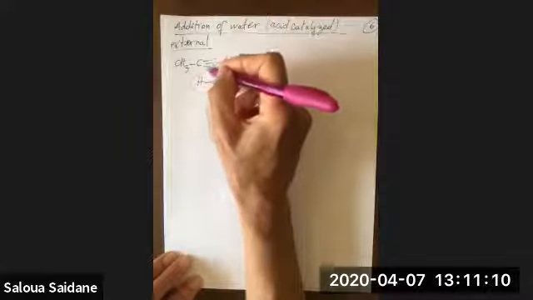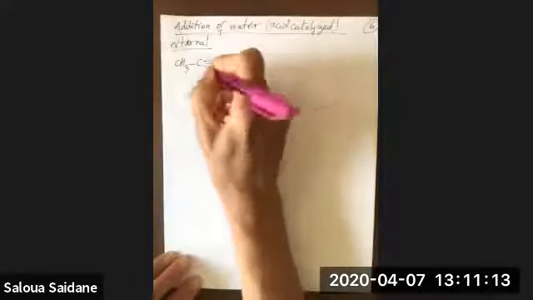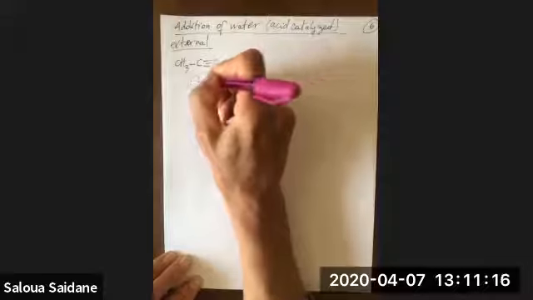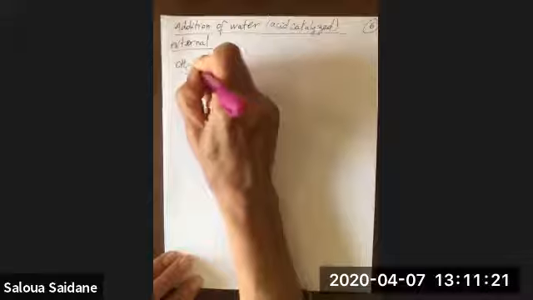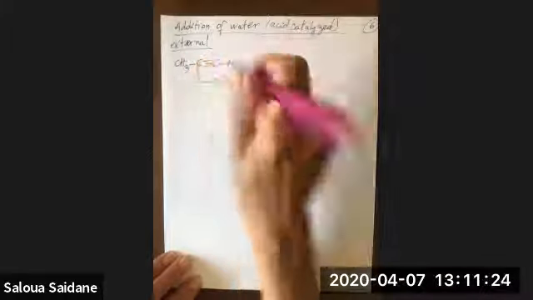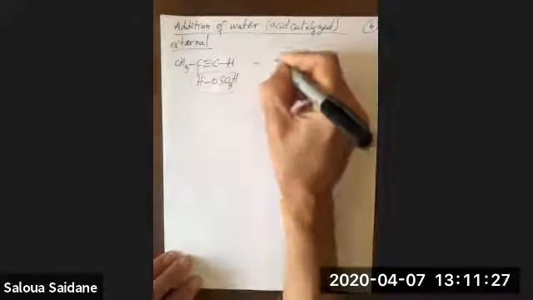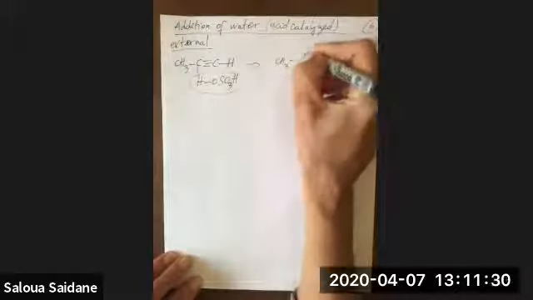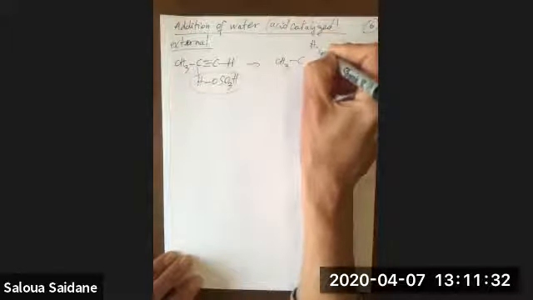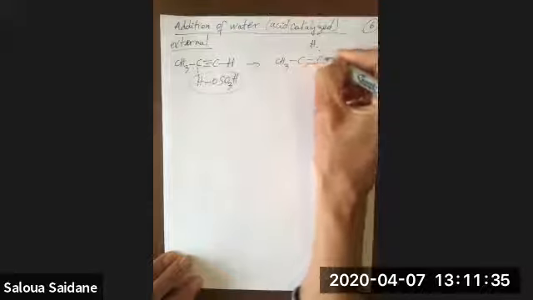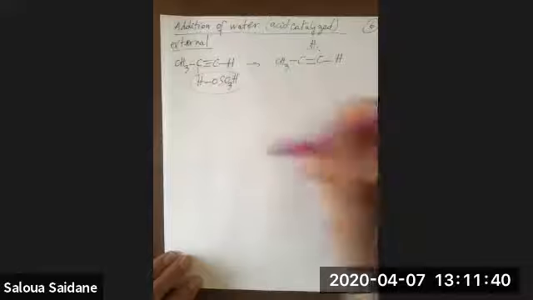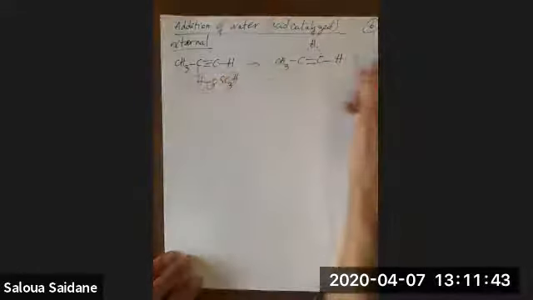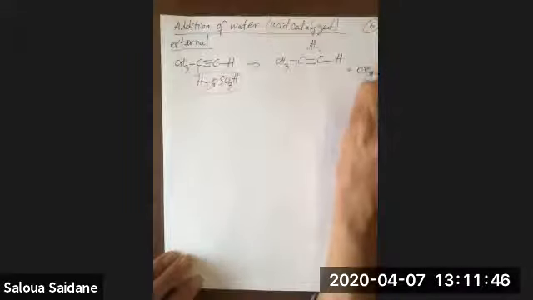So of course here you're going to have that pi complex, you know, the H will, this one will open, just like the previous case. So you're going to end up with a pi complex. So it's CH3, C, H, C, double bond, H, and then this thing will be plus OSO3H minus.